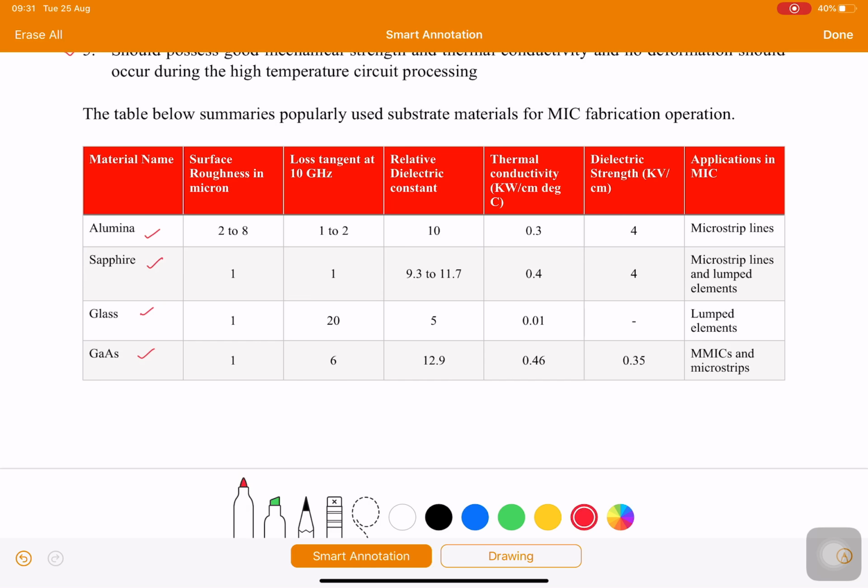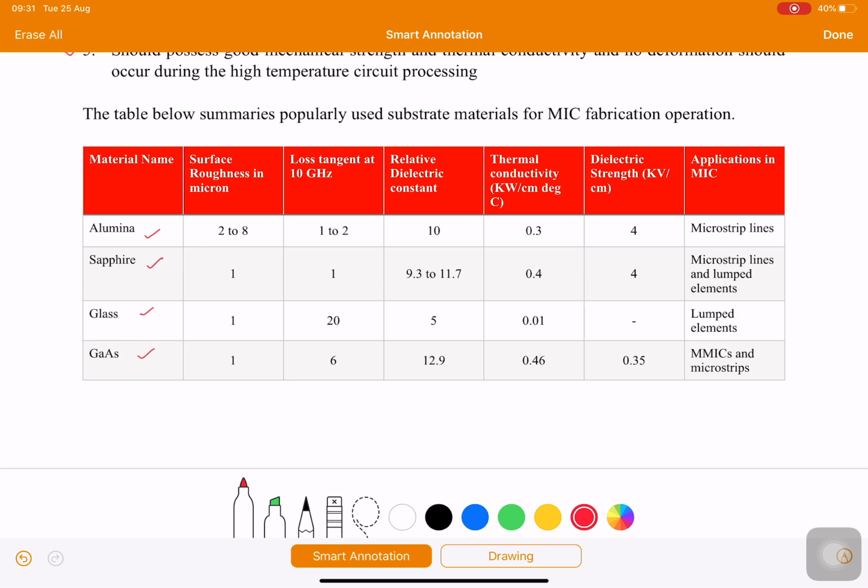These materials are described for their property in terms of surface roughness, which is measured in microns. The lower the surface roughness, the better the performance. We also want a very low loss tangent, normally measured at the standard frequency of 10 gigahertz, and it should be as low as possible. The relative dielectric constant should also be low.